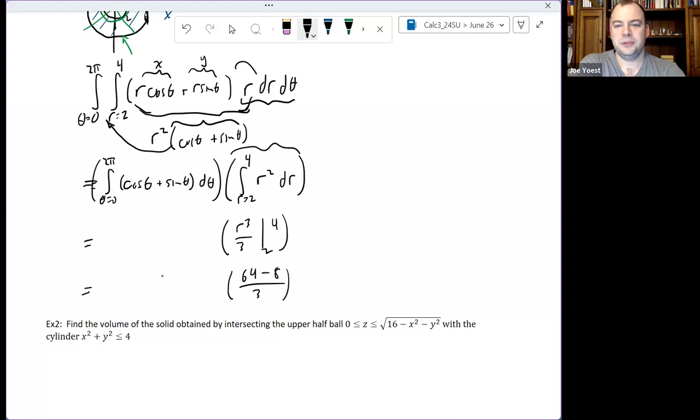On 0 to 2 pi, cos and sine are both 2 pi periodic. They both have as much area above the independent variable axis as below it. So this whole thing zeroes out, ends up being 0. So strictly speaking, we could have gotten away without doing the r integral, but it wasn't difficult to do.